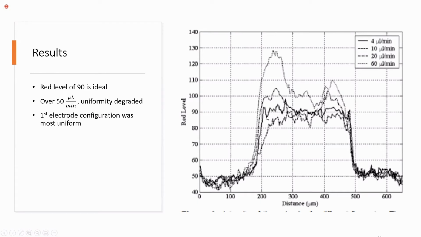It didn't really touch that 90 red level. So they found out that more flow rate doesn't necessarily mean more uniformity. There is a certain flow rate to match the frequency of the electrode or the power level that's outputted by the transducers.